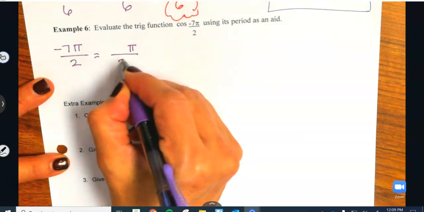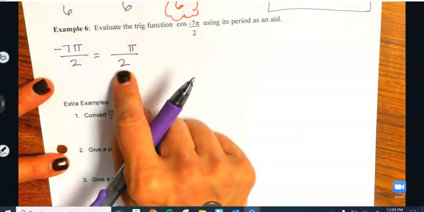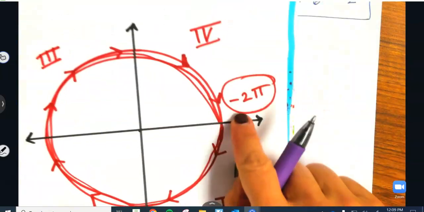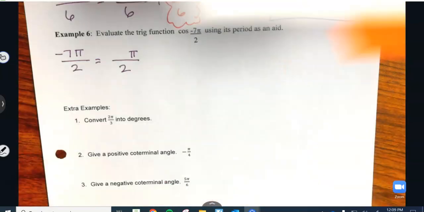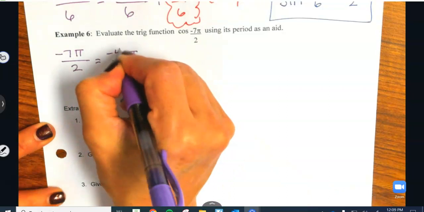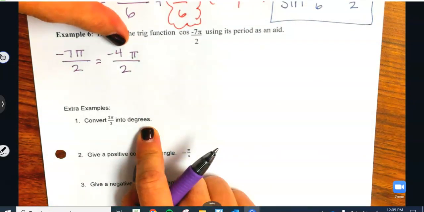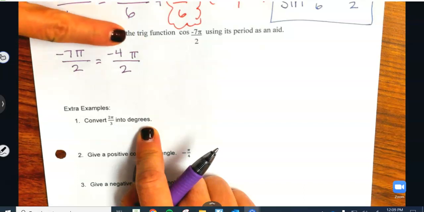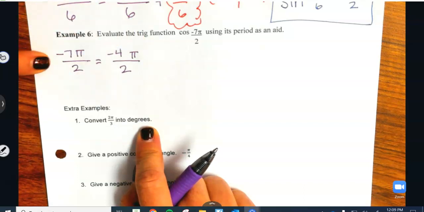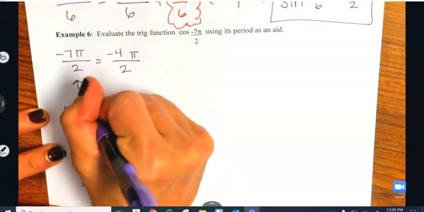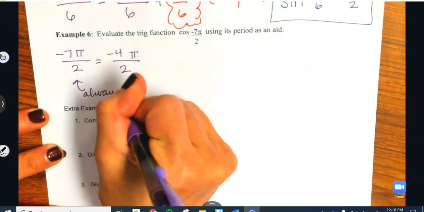What divided by 2 is negative 2? What's going to give us this value? The answer, of course, is negative 4. Now, negative 4 over 2 is one wraparound. I really want to get it as close as I can to negative 7. And for negatives, you always go over.